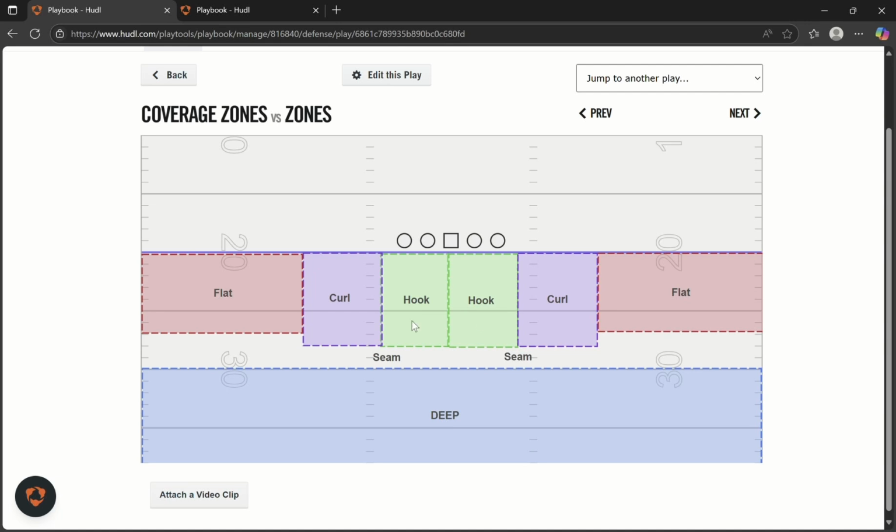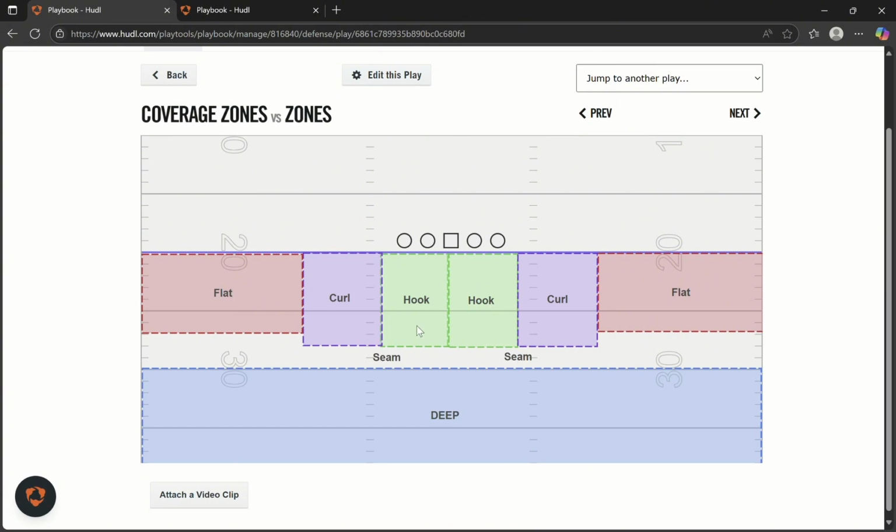Moving on to the seams. The seam means any space between the zones. On the field, you'll have a guy in the flat, you have a guy in the curl, but there'll be windows that quarterbacks and receivers like to get into, and those are called the seams.